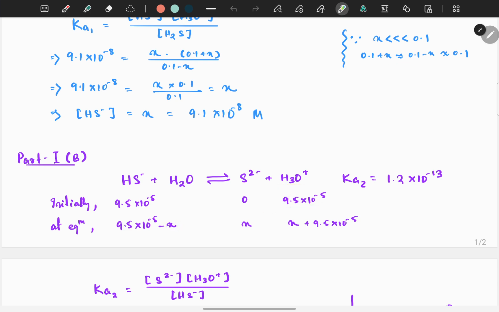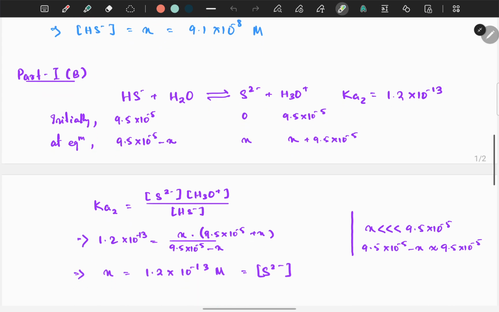Now at equilibrium, let X amount of HS minus be dissociated. So this will be minus X and this will be X plus 9.5 into 10 to the minus 5. So if you write the expression for Ka2, this is the expression. Again, by substituting the values, we know the Ka2 is in the order of 10 to the minus 13, which is again very less. So X must be very less than 9.5 into 10 to the minus 5.